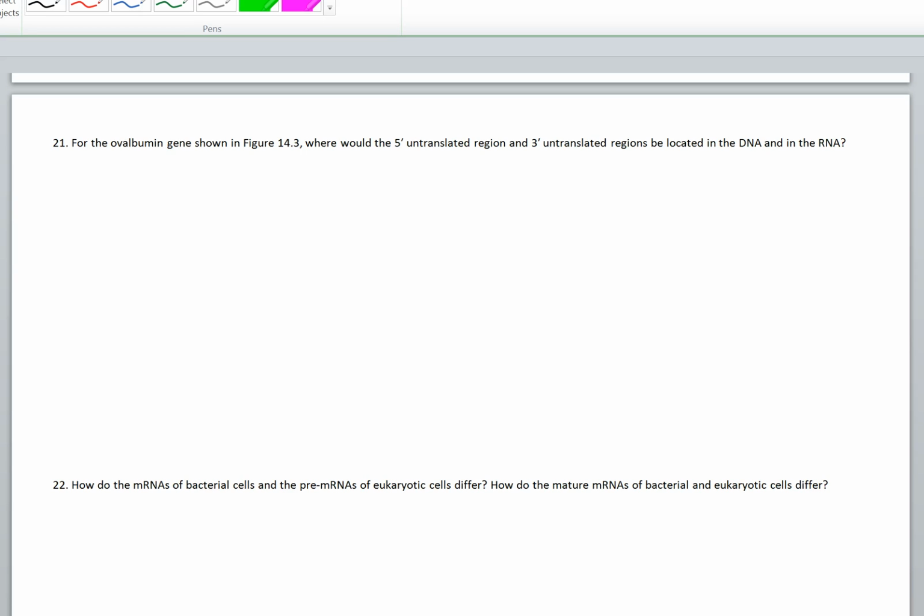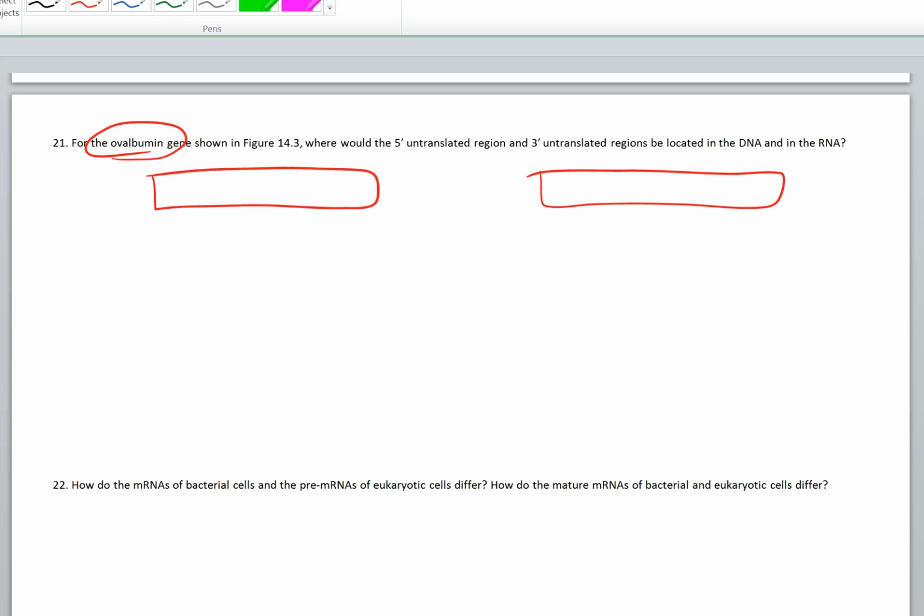Alright, figure 14.3 shows the ovalbumin gene, and it shows it in two circumstances. Ovalbumin is just a protein that's put into eggs. The ovalbumin gene has 8 exons.